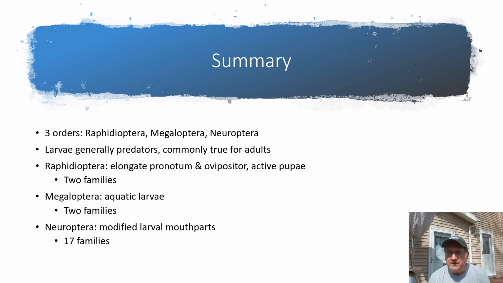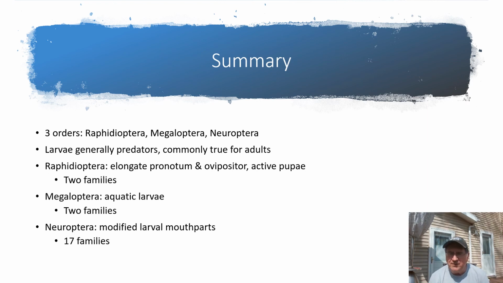The larvae are generally predatory, and this is also commonly true for adults. And while the adults may have the typical mandibulate mouth parts, many of the larvae in the Neuroptera sensu stricto have those modified mouth parts for ingesting fluids.